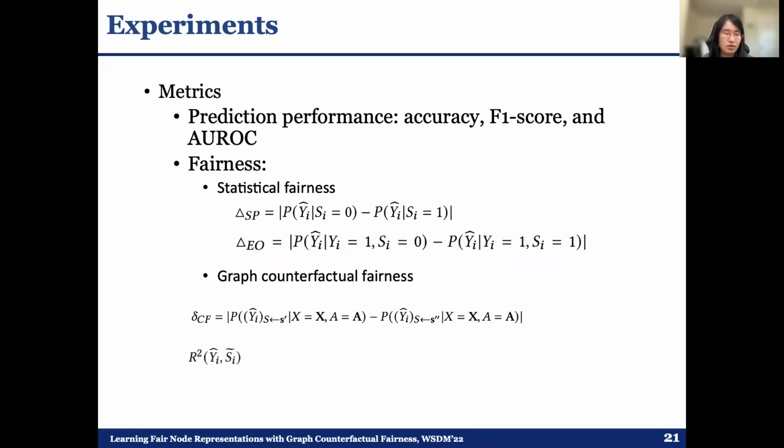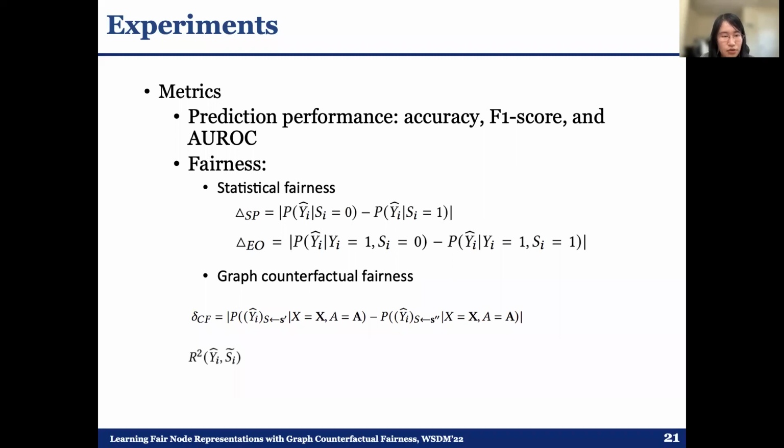For prediction, we just use commonly used metrics like accuracy and F1 score, and for fairness, we also use some widely used group fairness metrics, including delta SP and delta EO. They are statistical fairness metrics that try to measure how fair the prediction is at the group level.